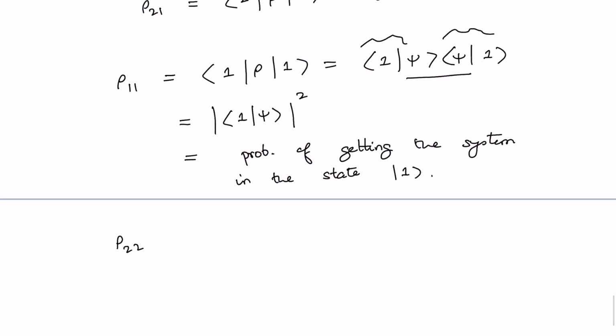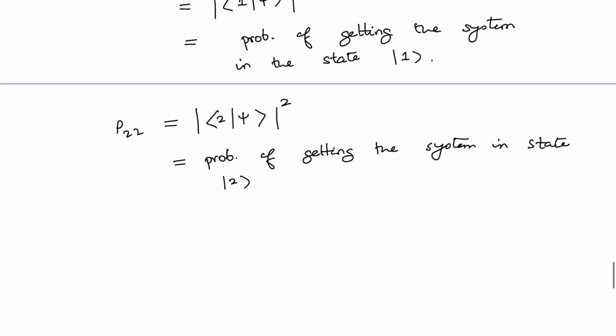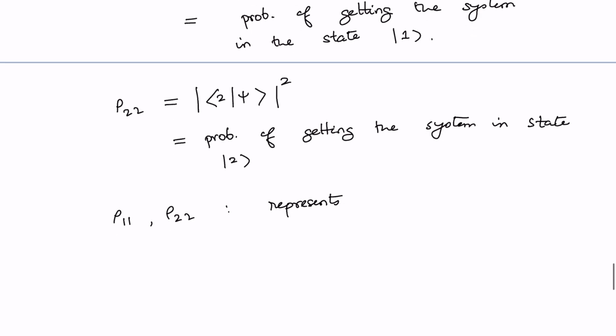Similarly, rho 22 is the projection of psi on 2, mod square. This is again the probability of getting the system in the eigenstate or the basis state ket 2. So what you see is that rho 11 and rho 22 basically represent populations. These two diagonal elements in the matrix represent population.